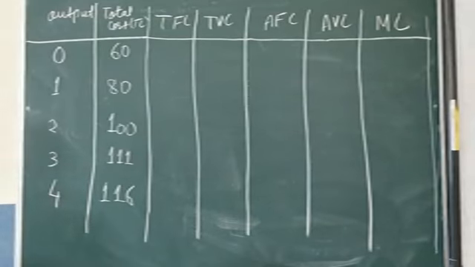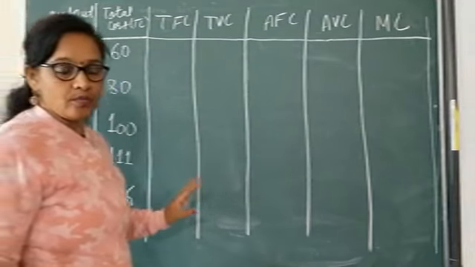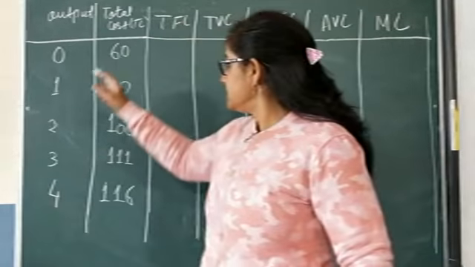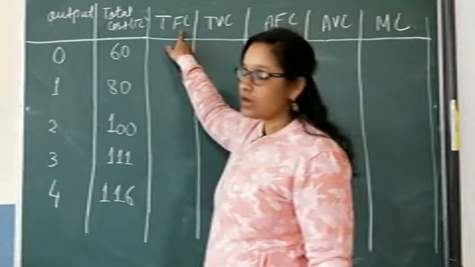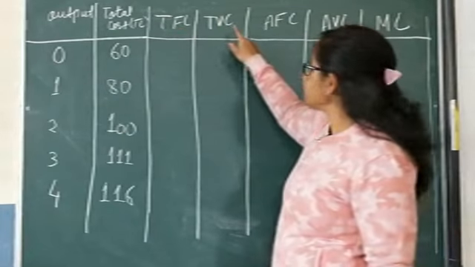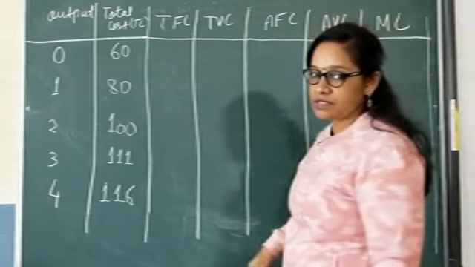Now children, see question number 1. TC is given, and they told you to calculate total fixed cost, total variable cost, average fixed cost, average variable cost and marginal cost. Is it clear?